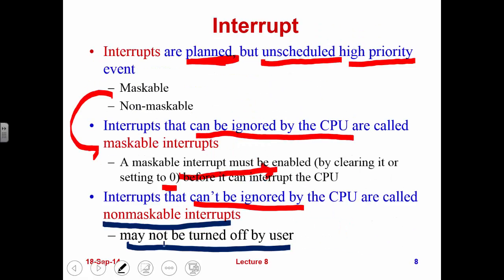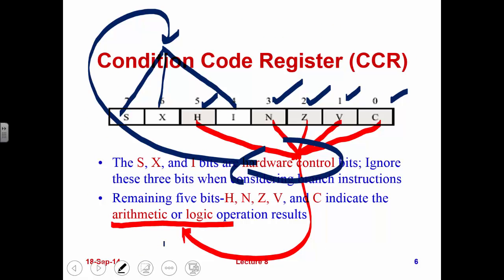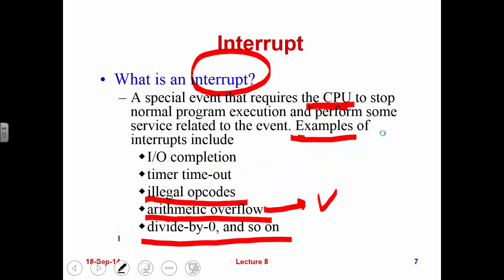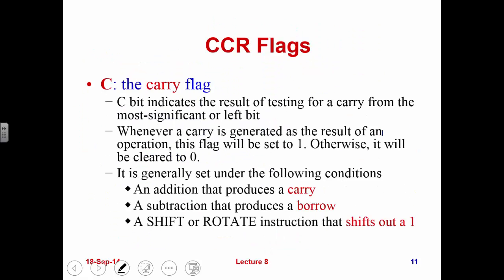Let's start from the carry bit, bit 0. I assume you know very well about carry bits. The carry bit indicates the result of testing for carry from the most significant bit, or left bit.